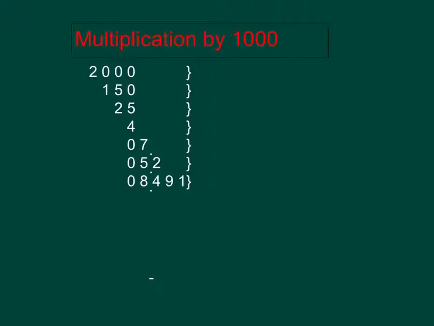And so when we get to 1,000, how many zeros are we working with? 3, 1, 2, 3. So we add 3 zeros. And you can always think about, there's the original number and there's the new zeros. There's the original number and there's 3 more zeros.